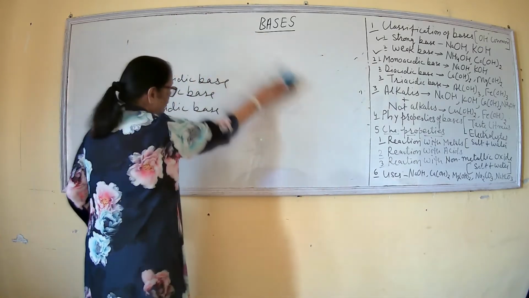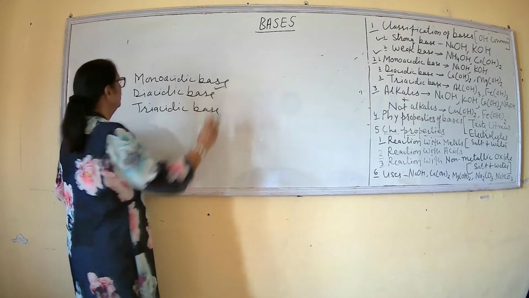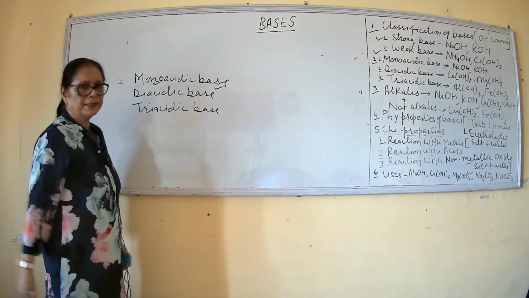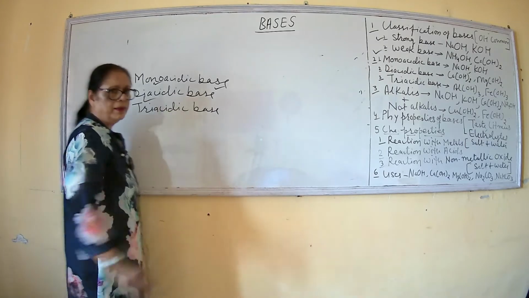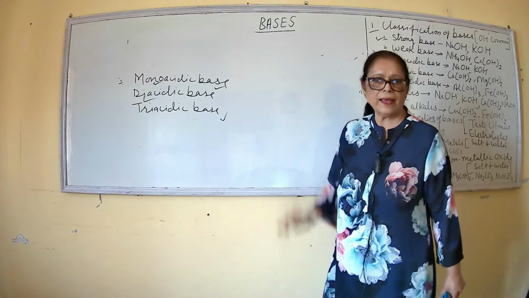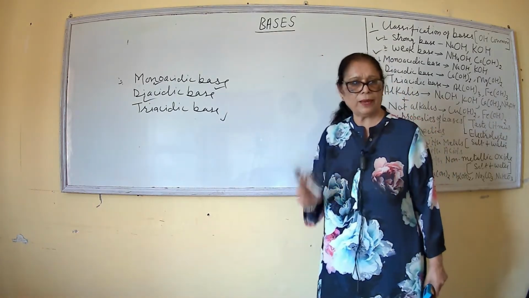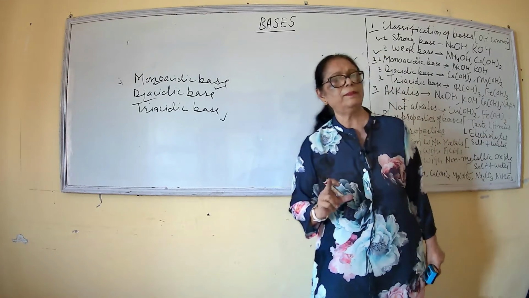There is another way to classify the bases. We have monoacidic bases, diacidic bases, and triacidic bases. What does it mean? Mono means 1, di means 2, tri means 3.